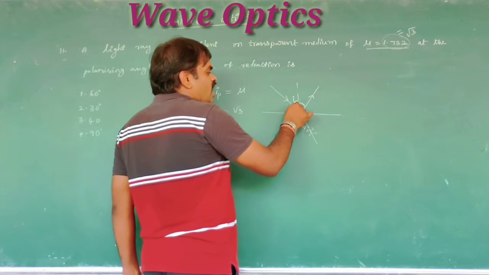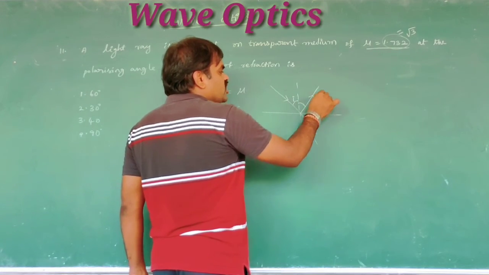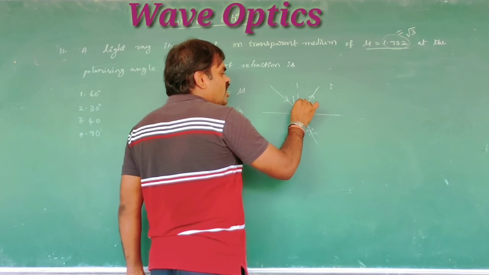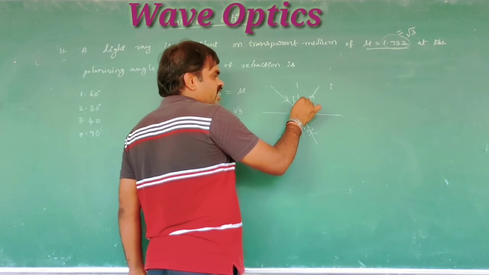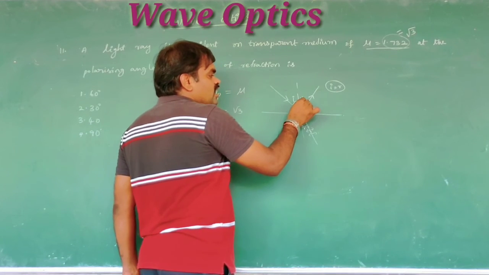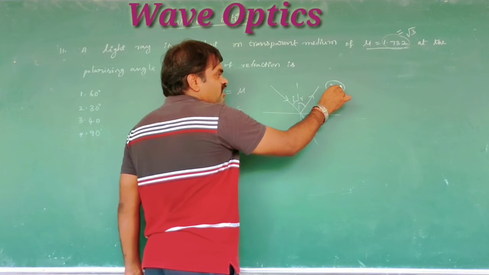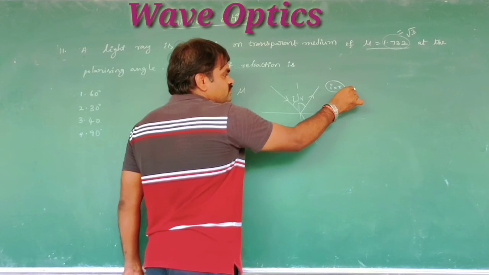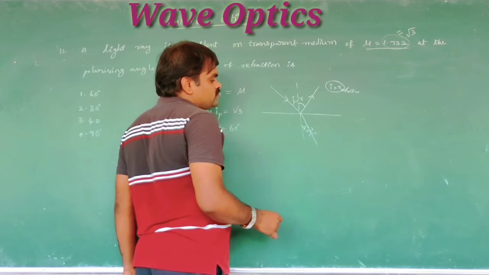Now according to the law of reflection, the angle of incidence and the angle of reflection are equal. This is the reflected angle, both are equal.